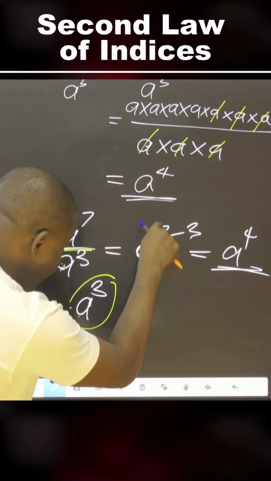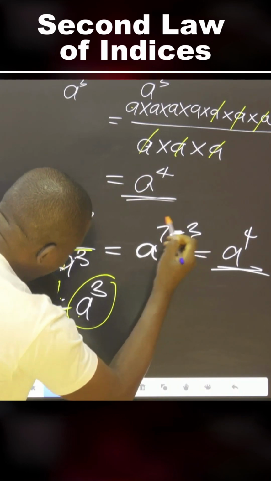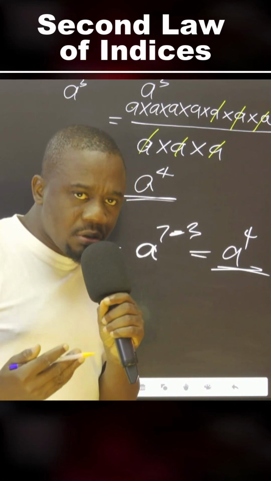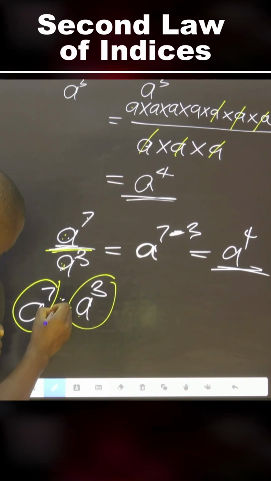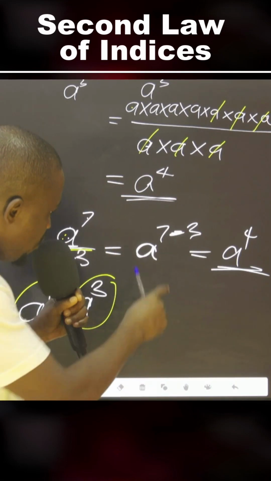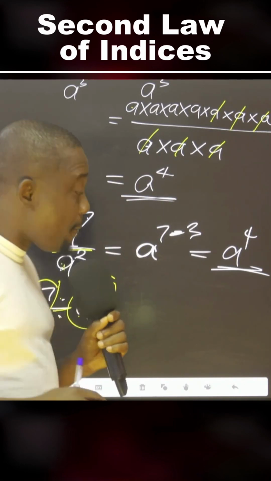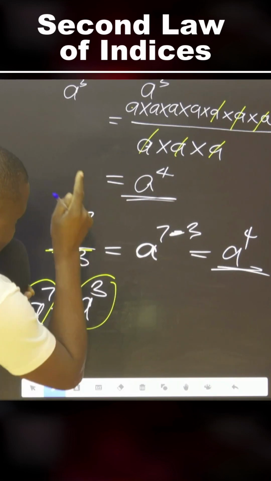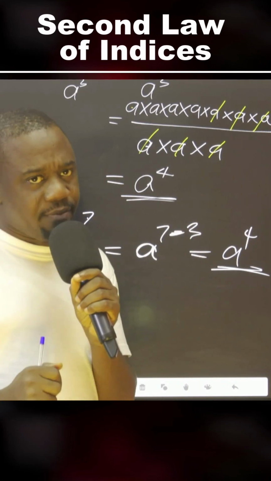Use one of them to carry them. Then, for these children, use minus to separate them. Why are we using minus? We are using minus because this is division. Remember, when here was multiplication, we used plus in our previous class. You can check the video. But for this one, because it is division that is separating them, you use minus to separate them.